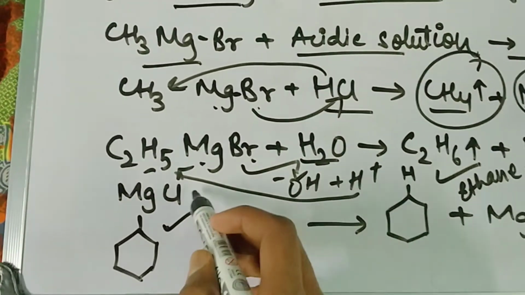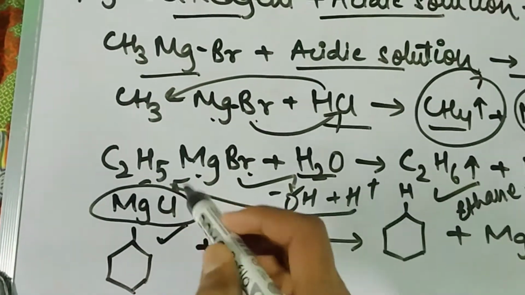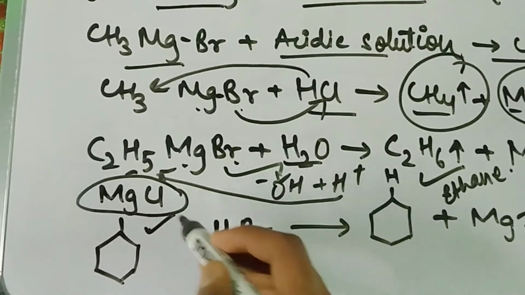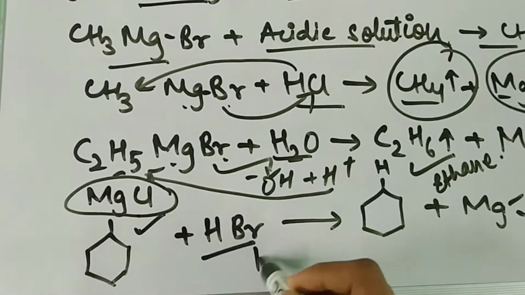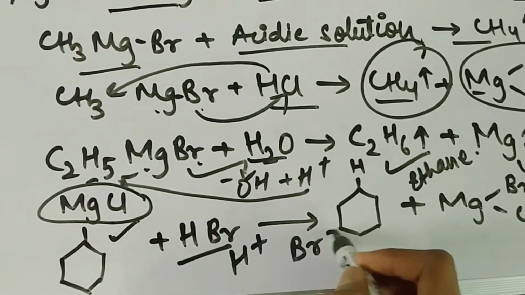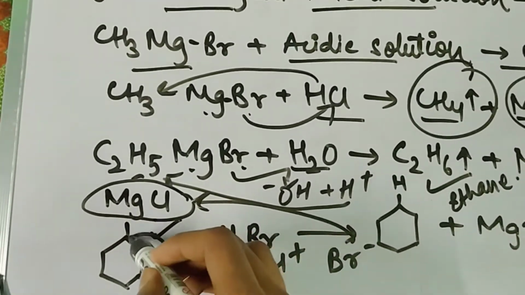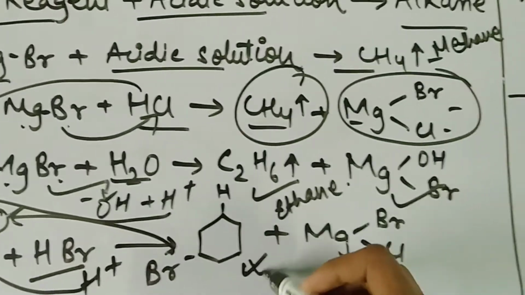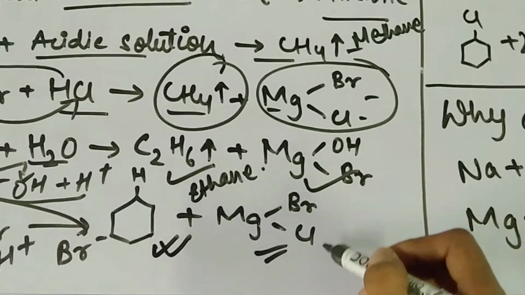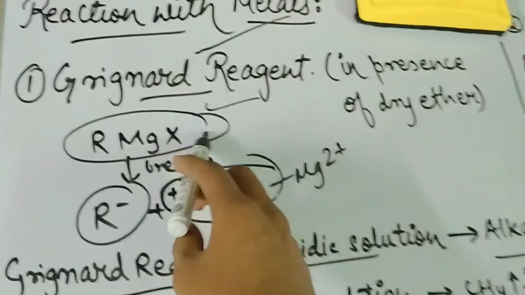Same we saw when we take cyclohexyl MgCl plus HBr. HBr breaks into H plus and Br minus. Br minus attaches with the Mg, and H plus attacks here, and we get cyclohexane and MgBrCl. So this was the Grignard reagent.